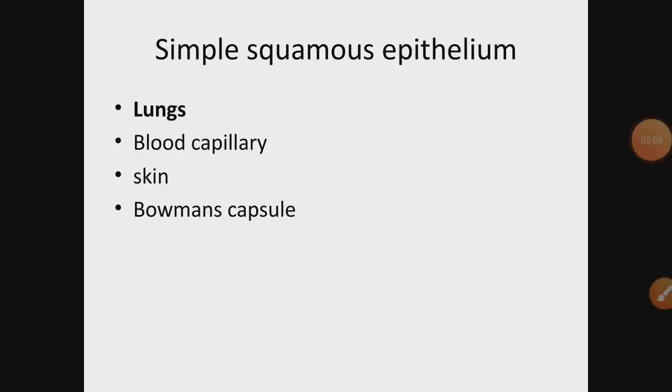Now, simple squamous epithelium, you must be wondering where it is located in our body. This type of epithelium is present in the lungs. Then it is present in the blood capillaries as outer covering, and we can assume that our skin is also a simple squamous epithelium.